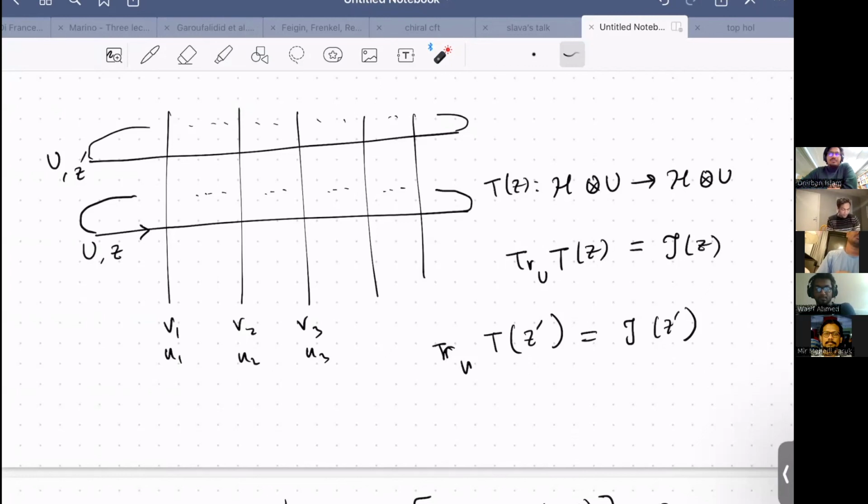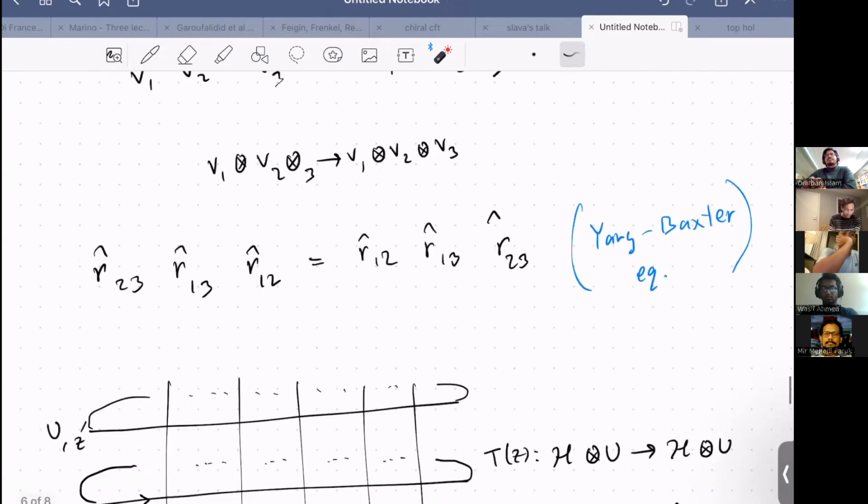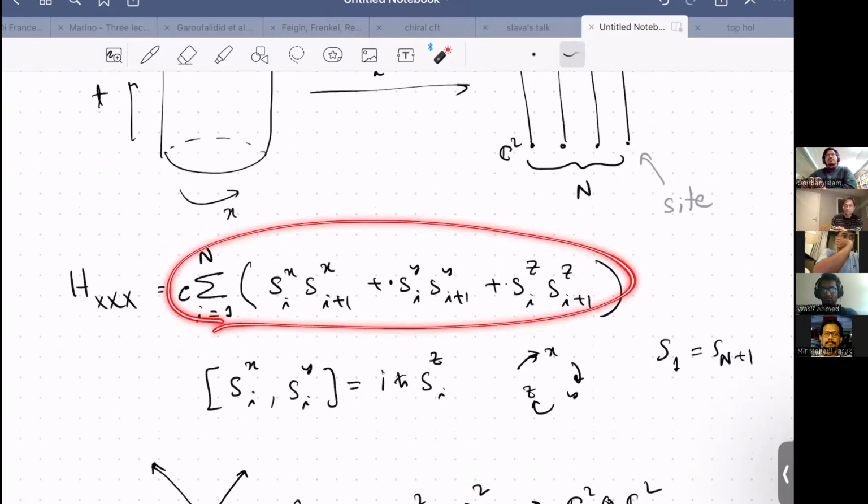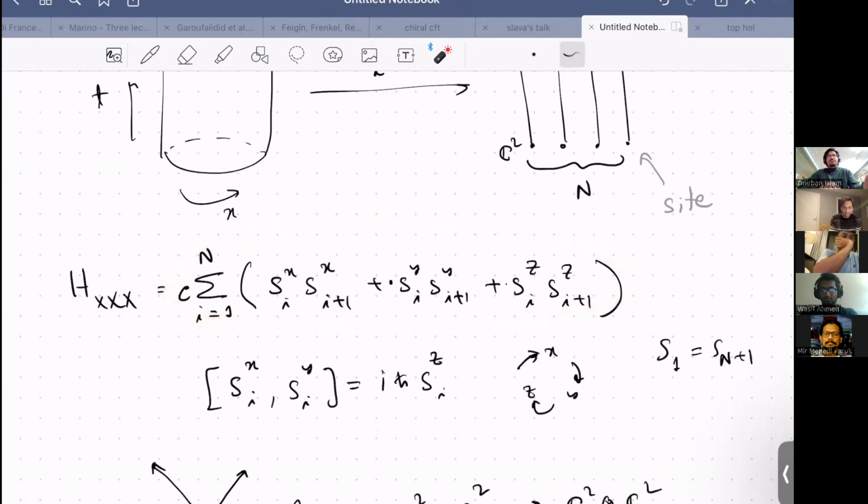Okay, so if there are no more questions, let me just end with a few comments about why you would care about spin chains. The reason is that we can exactly solve this spin chain, meaning that we can find the spectrum of the Hamiltonian. We can exactly find what the eigenvalues of these Hamiltonians are, and we can construct the eigenstates.